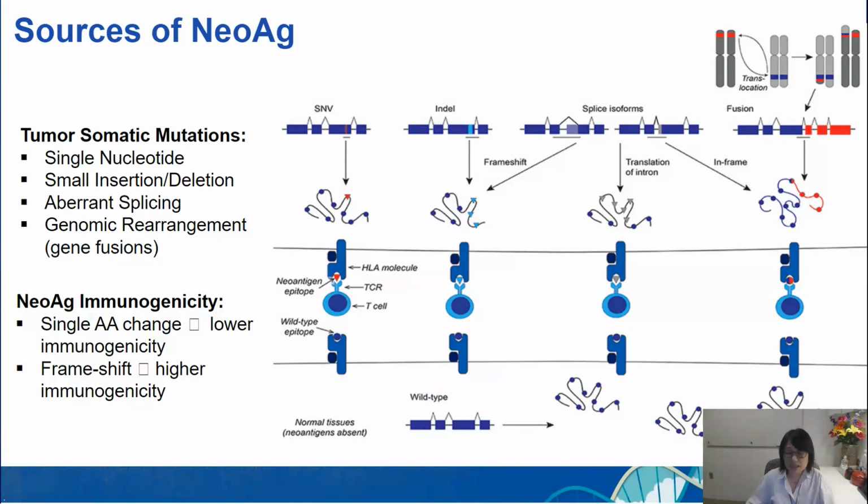It's worth mentioning that not all neoantigens are the same. Some only harbor a single amino acid change. Others, due to protein fusions or translational frame shifting, can be very different or entirely new compared to wild-type proteins. The latter are generally more immunogenic. Later, I will describe some of the algorithms we developed in-house to identify these potent neoantigens.